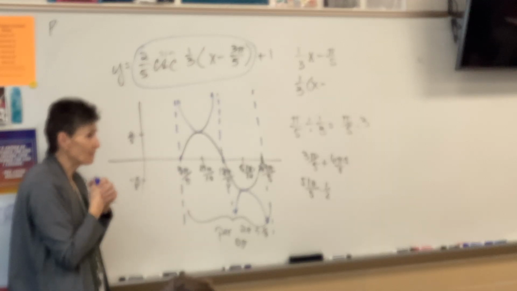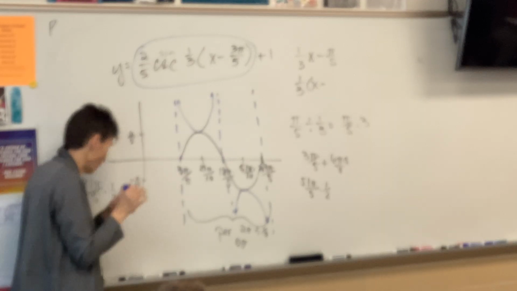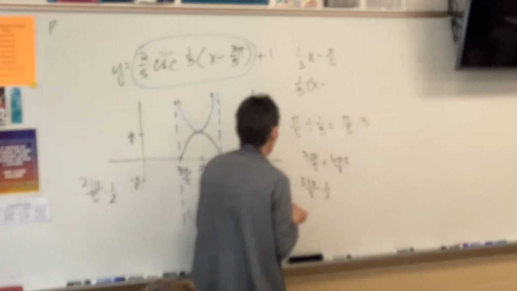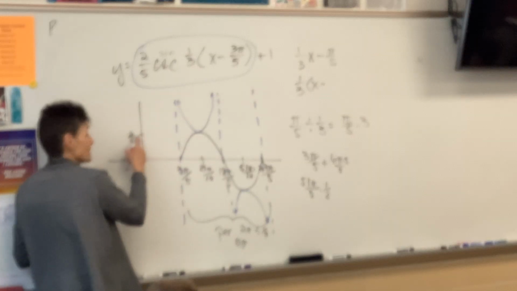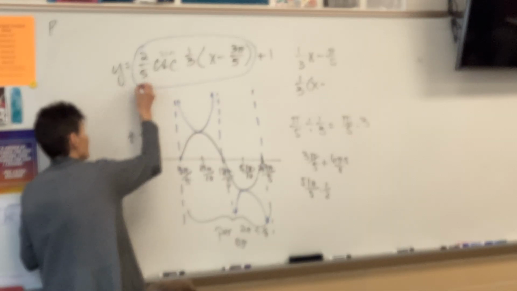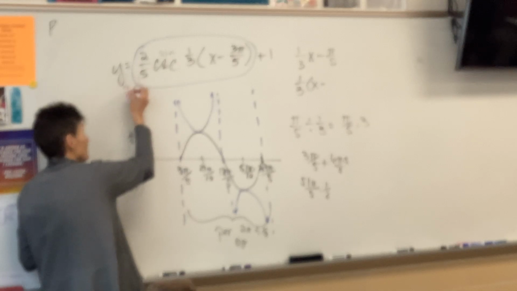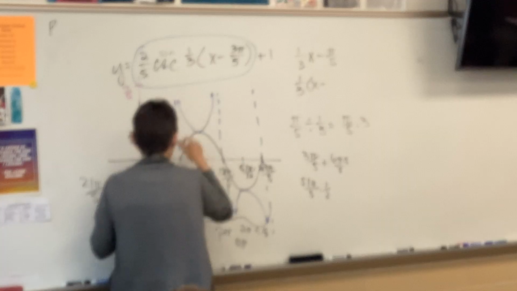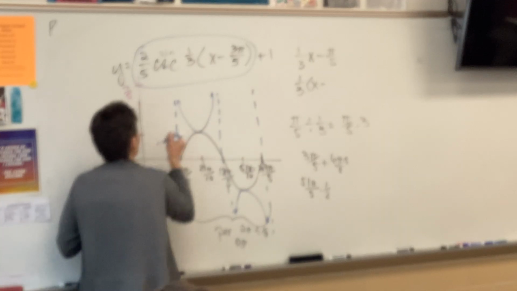What still has to happen? I gotta go up 1. So everything is gonna go up 1. Now remember, that's 2/5. So if I go up 1, I'm gonna be up here at 7/5. Would you agree with that? So the asymptotes are still there, they don't change.